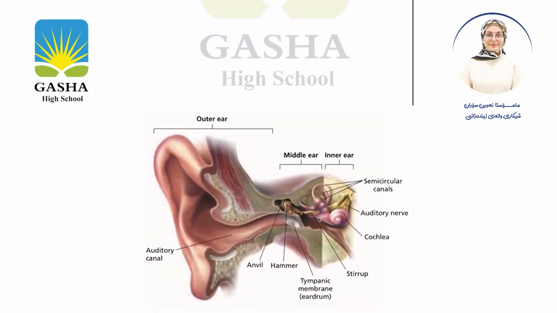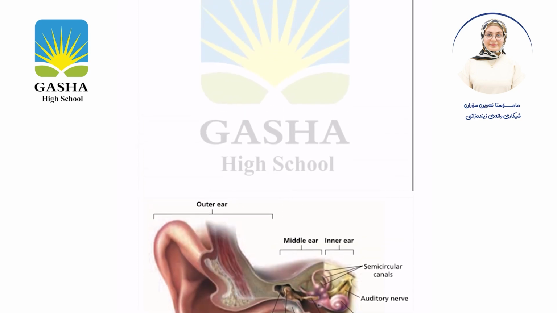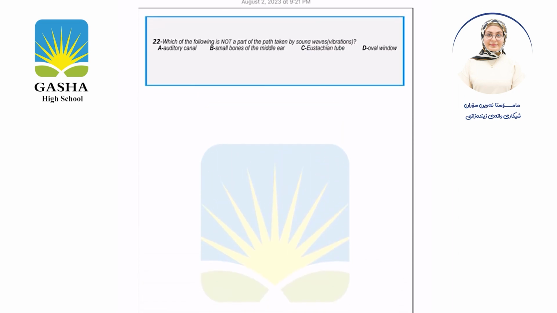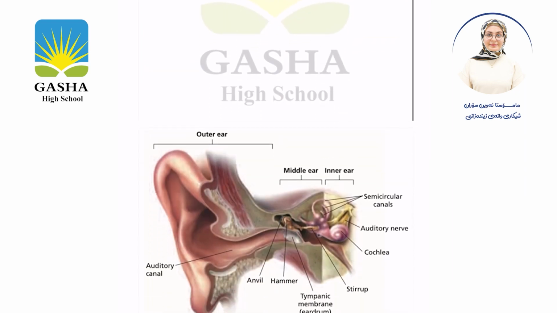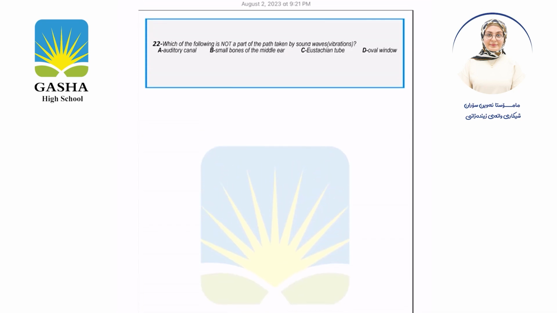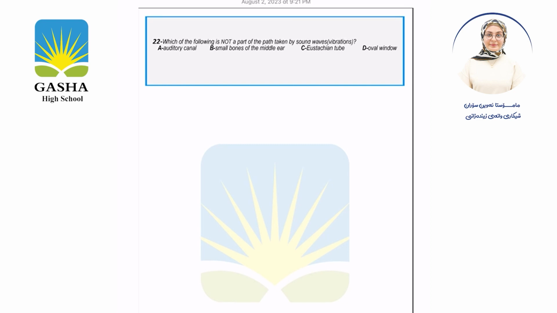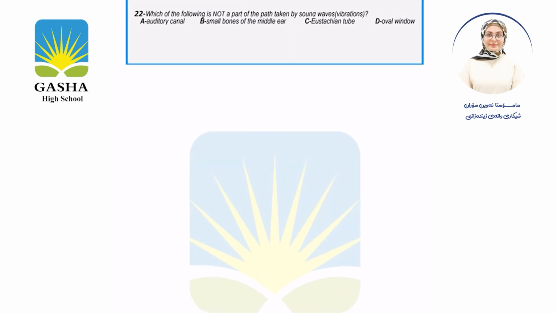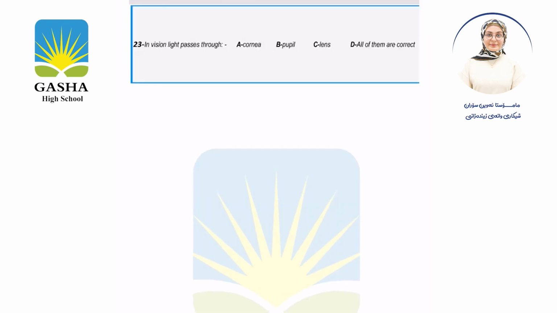Actually, in this figure, the Eustachian tube does not participate in vibration. It's not a part of vibration transport, so C is not true. D, oval window is next to the stapes. Yes, again, this part participates in transporting the vibration. So the true answer for this one is C.